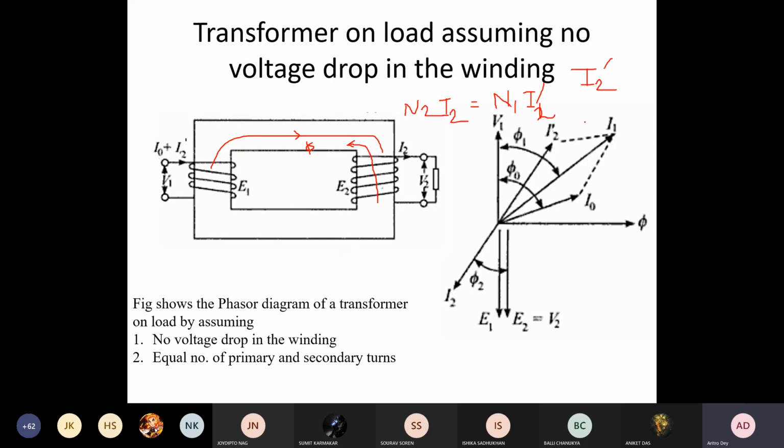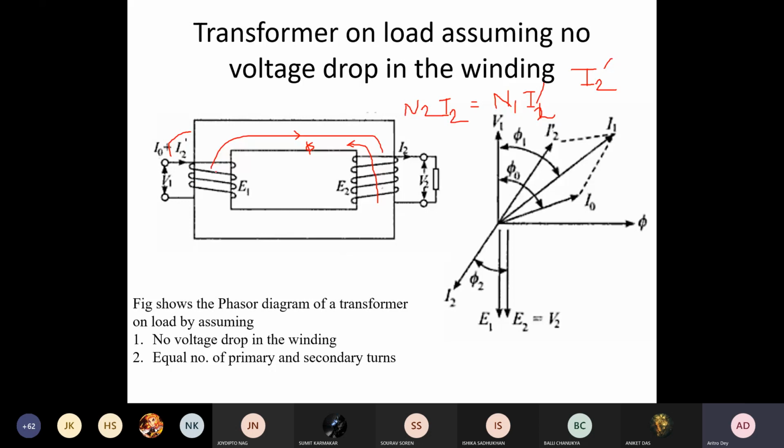So this current should be drawn from the source. This current component, apart from the magnetizing component, will be drawn from the source, which will balance this MMF. Otherwise, there won't be any transformer action. Which is also not practicable, because there is a magnetic component and a resistive drop, so there should be some voltage.